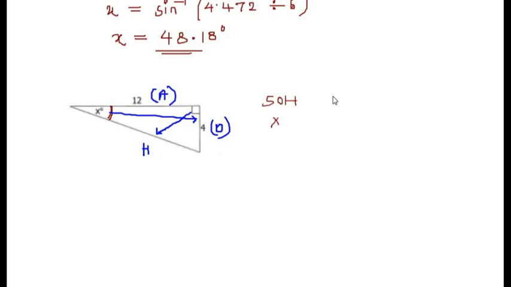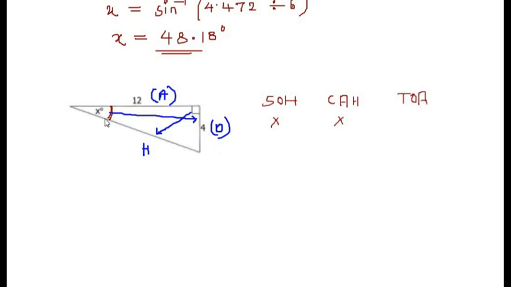Let us check with CAH, that is cos, adjacent and hypotenuse. Now cos of angle x equals adjacent, which is given in the question, but again the hypotenuse is not given, so we will not take the CAH. Now let us check with TOA, tan, opposite and adjacent.